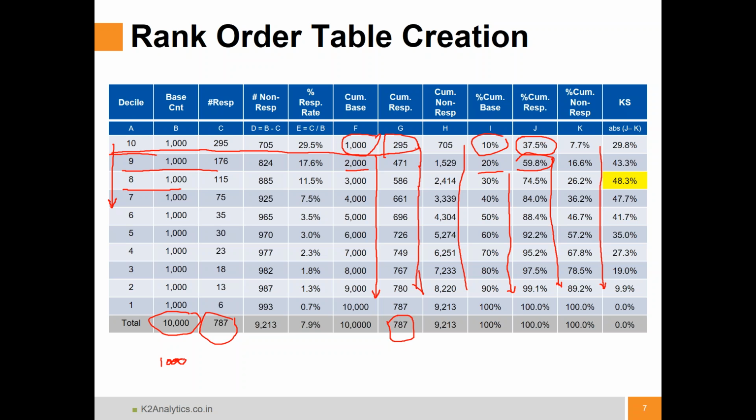How many responders will these 1000 customers have? So it would have 1000 divided by 10,000. That is 10 percentage of the population that I am targeting. So from the responders also I'll have 10 percentage coming.